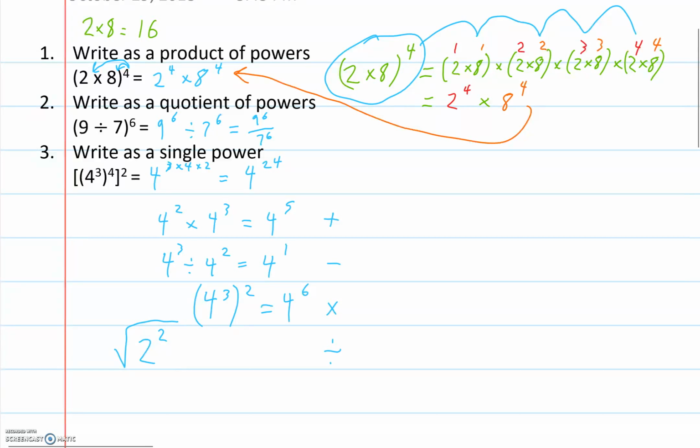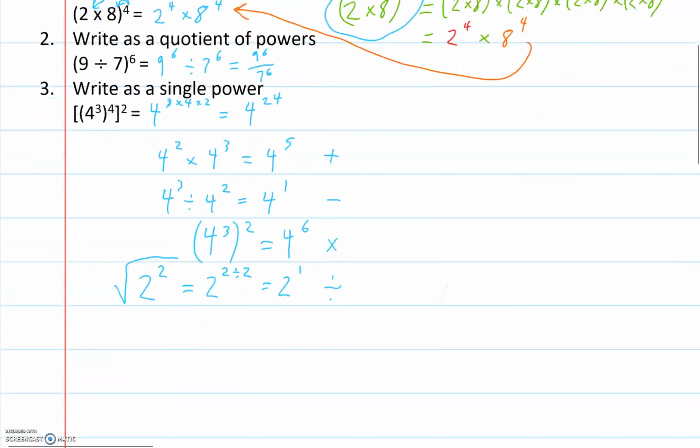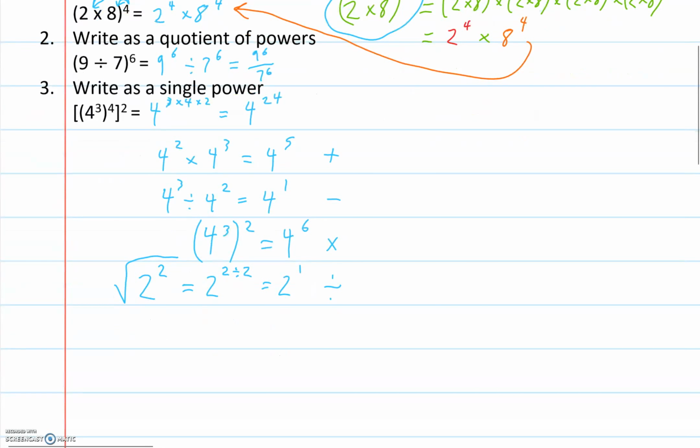What ends up happening is you divide the exponent 2 by the square root, which is 2. This is one way of showing it, and the other way is basically the same as this rule, and that's what the square root rule is.